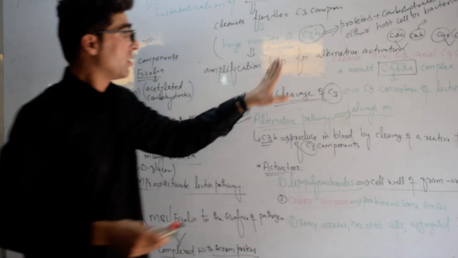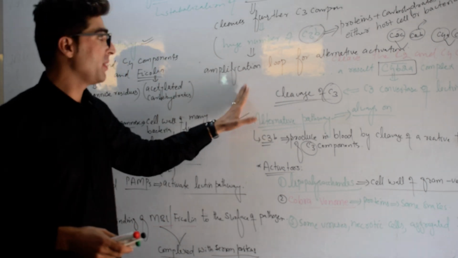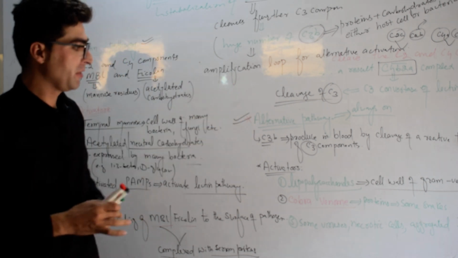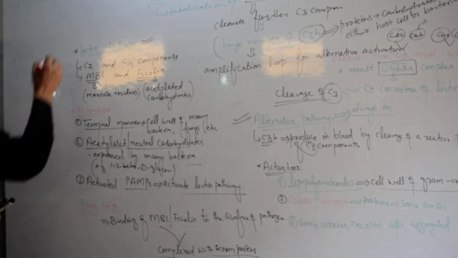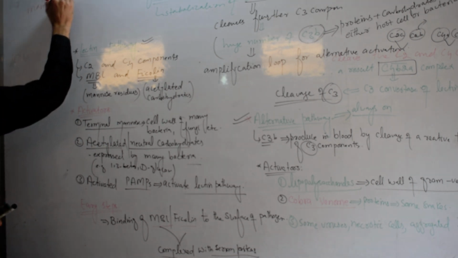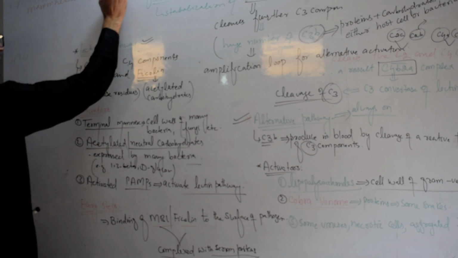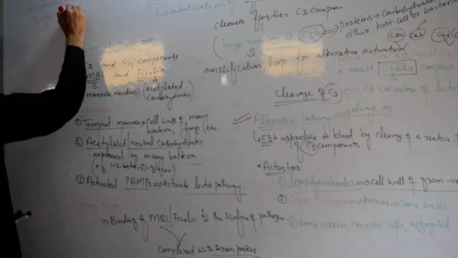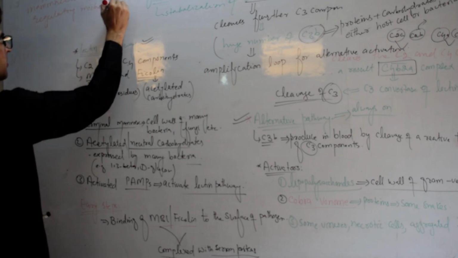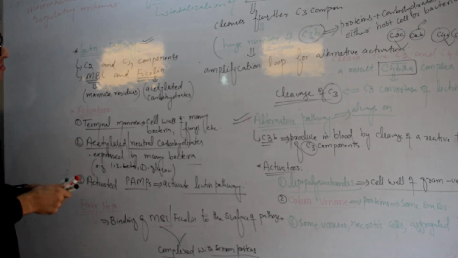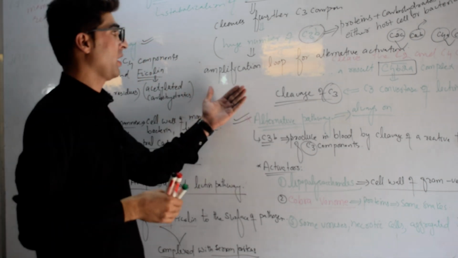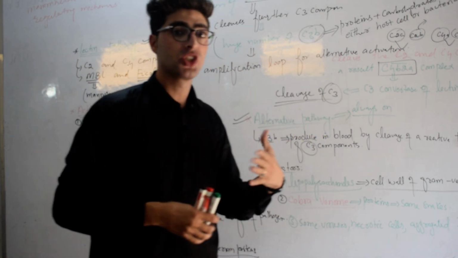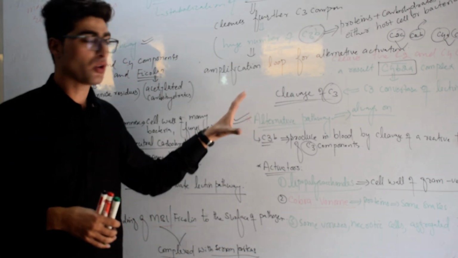Clear? So its continual activation can damage the host cells, that is mammalian cells, but fortunately mammalian cells have a regulatory mechanism. This regulatory mechanism balances the amplification loop for activation of the alternative pathway under normal conditions, so it prevents the progression of the alternative pathway.